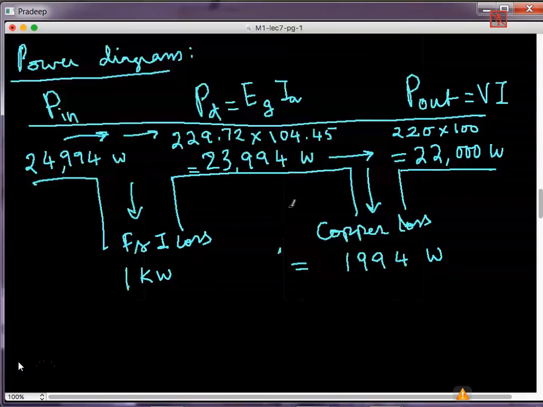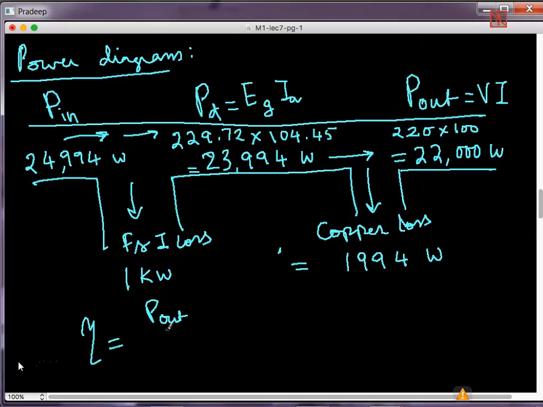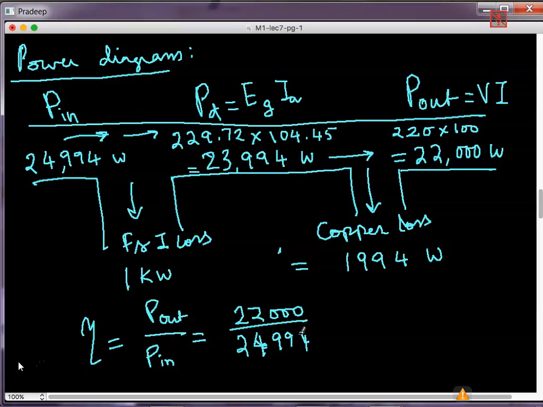So therefore, if you want to find the efficiency, it is nothing but output power divided by input power. So that will be nothing but 22,000 divided by 24,994 watts.